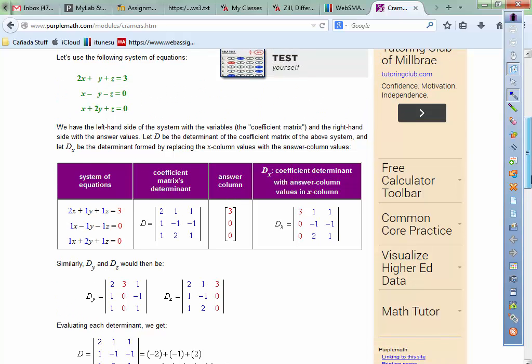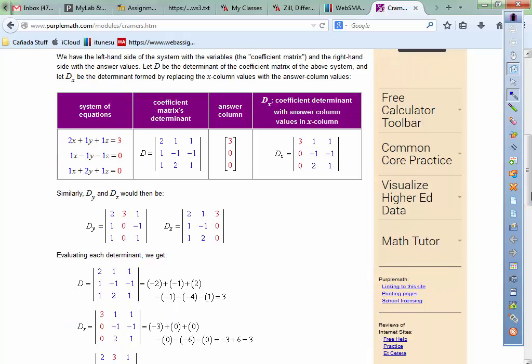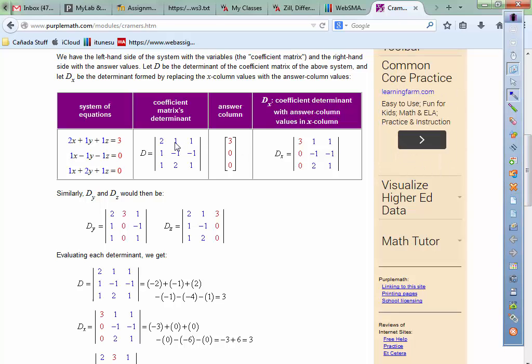Cramer's rule is a way for us to solve a system of linear equations. And if you look at Cramer's rule here, they talk about determinants, and even this is more complicated than I want.